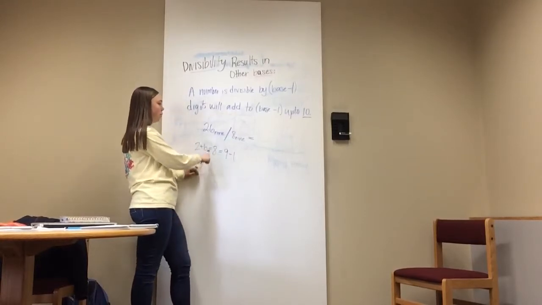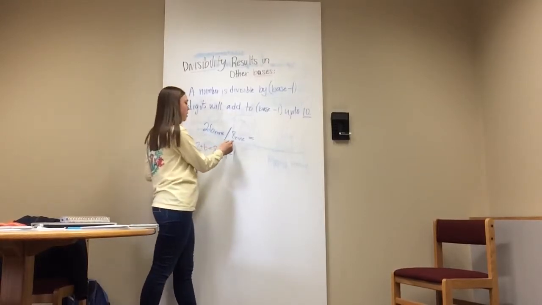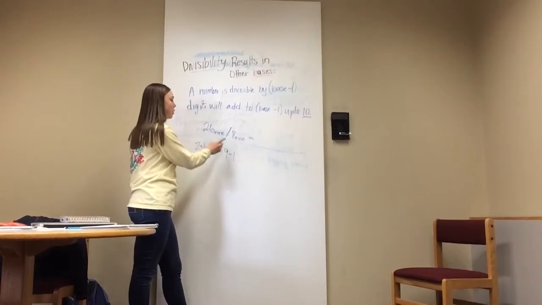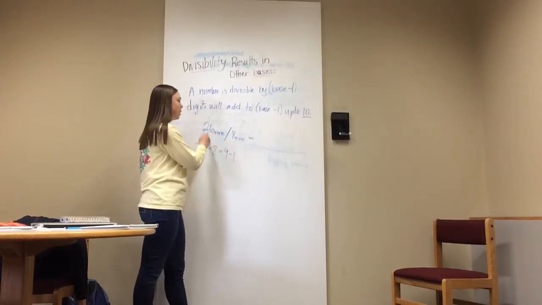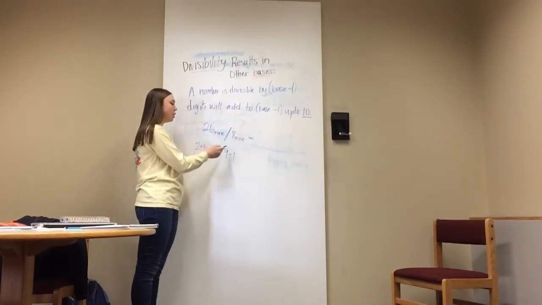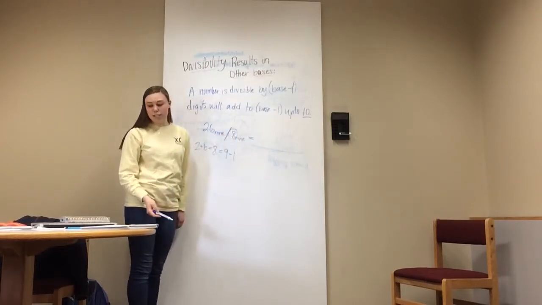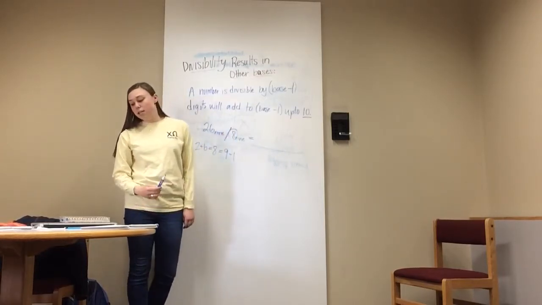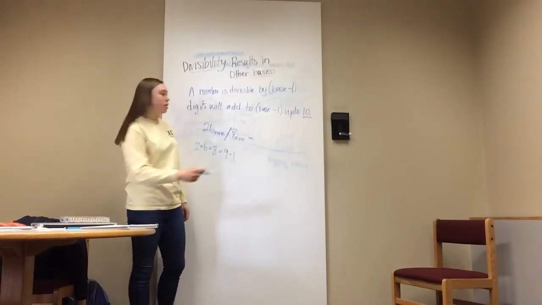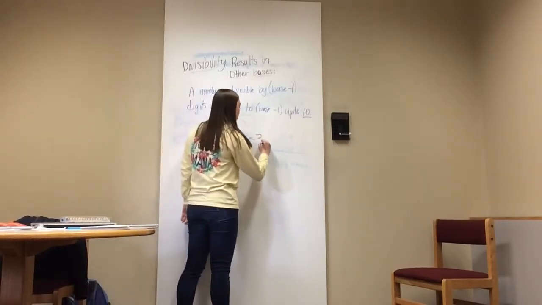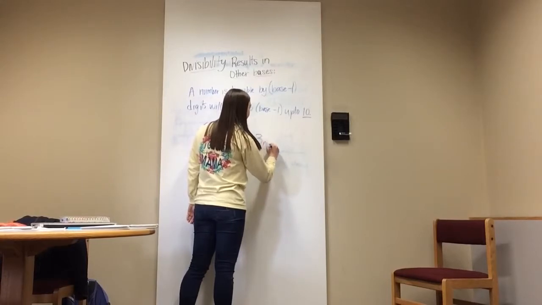So we right away know that 26 in base 9 is going to be divisible by 8 in base 9 because the digits add to the number that we are dividing by. So 26 divided by 8 in base 9 is going to give us 3 in base 9.